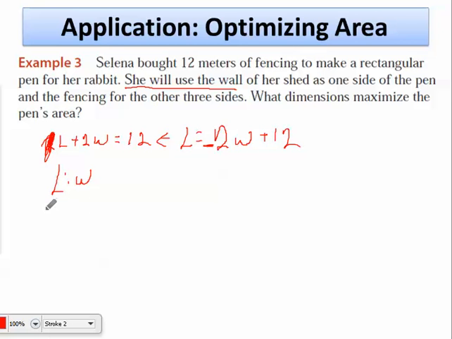I can substitute that in here for the length: negative 2w plus 12 times w. That turns out to be negative 2w squared plus 12w. And that's what she's wanting to maximize.